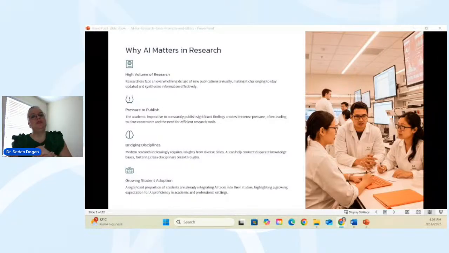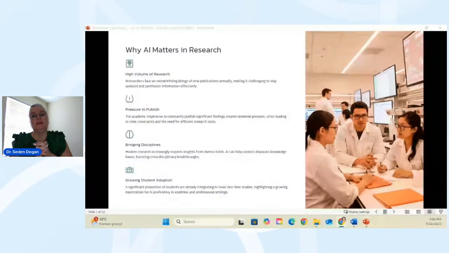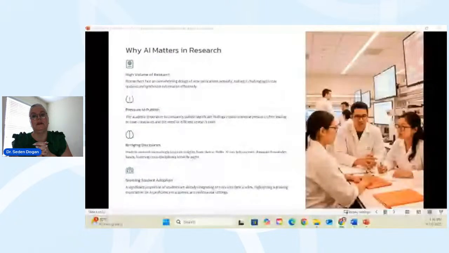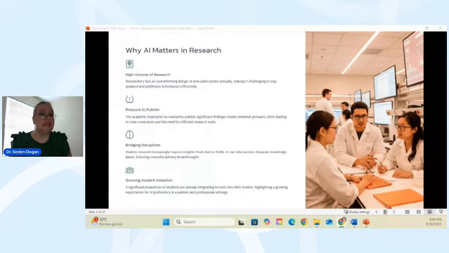So surveys in 2025 show a very high level of student adoption of generative AI. AI usage among United Kingdom university students jumped from about 66% in 2024 to 92% in 2025. And similar reports show that 88% of students are now using some kind of generative AI for assessment-related tasks, for example, summarizing articles, explaining concepts, generating ideas.